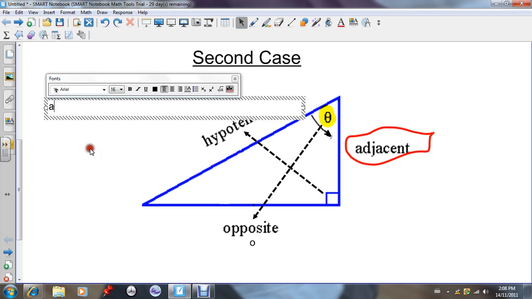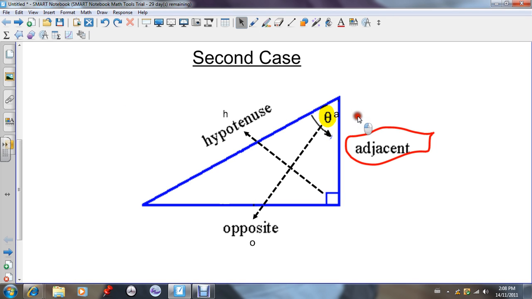And to denote the adjacent side? A lowercase a. So, for the sides in a right triangle, you're going to have H, O, and A. H for hypotenuse, A for adjacent, O for opposite. Done! Alrighty, now, here's something that I want to run over with you as well.